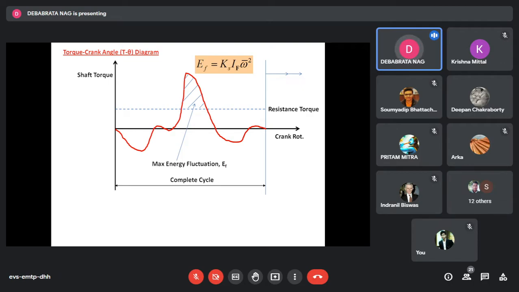ওই যে টর্কটা আমাকে ওভারকাম করতে হবে তো ফ্রিকশনটাকে ওভারকাম করবার জন্য। So that torque will be termed as the resistance torque.